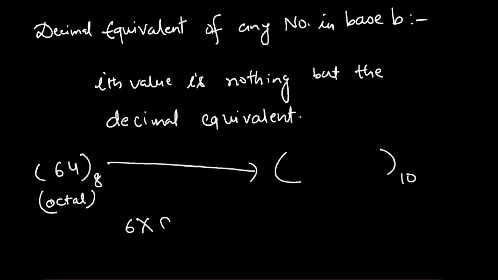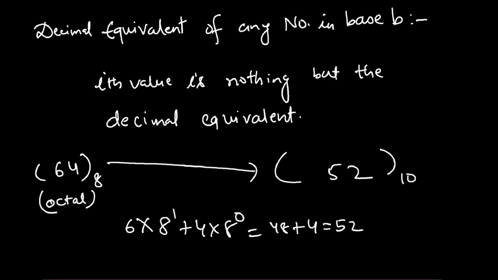So 6 into 8 to the power 1 plus 4 into 8 to the power 0, which is 48 plus 4 into 1, which is equal to 52. So 64 in base 8 is 52 in base 10. This is how you can find the decimal equivalent of any number in base B.